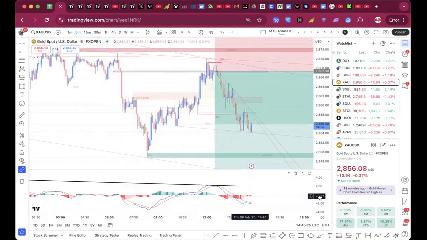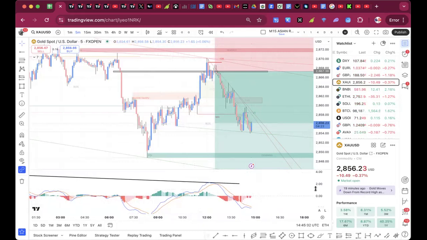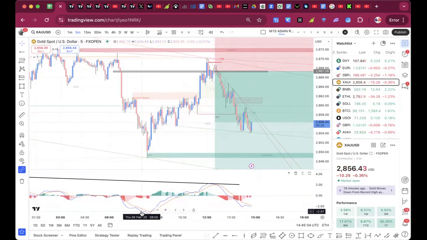Your MACD had already crossed. Here is your MACD. Okay, so this is your MACD crossing. And you have a very fantastic engulfing candle. All you're waiting for is a pullback after the engulfing, probably here, and you find an entry.